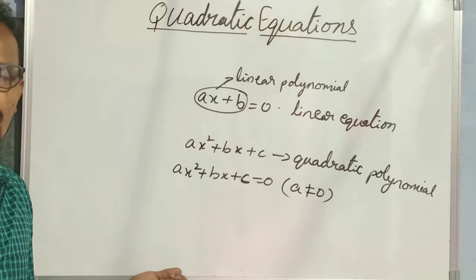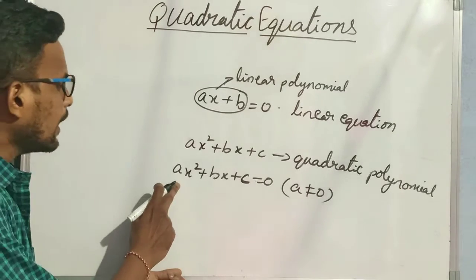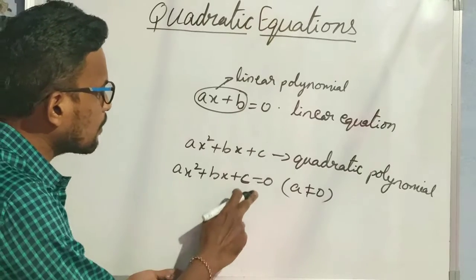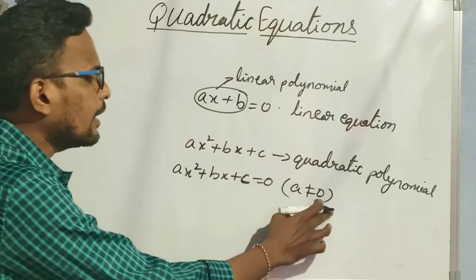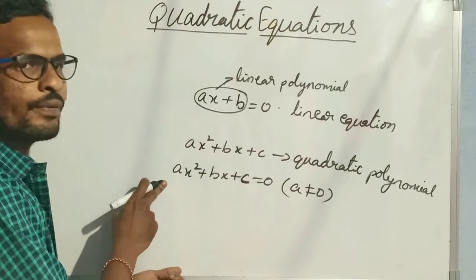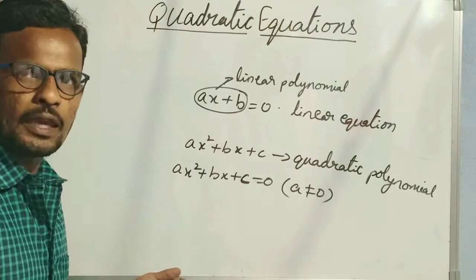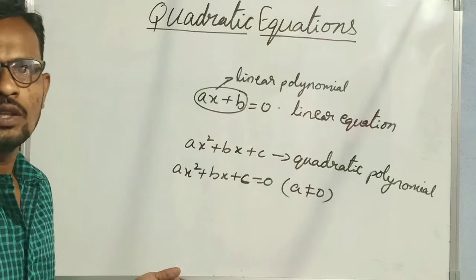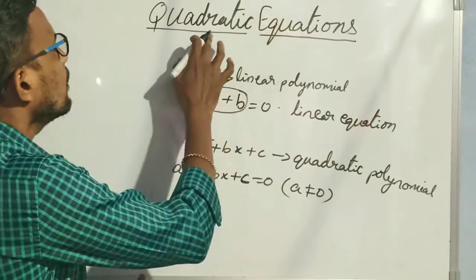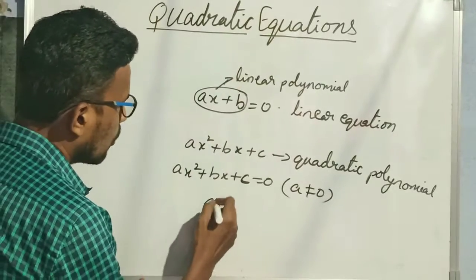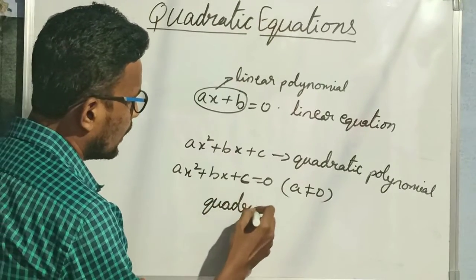Understood? That's why, when we are taking any equation of the form ax square plus bx plus c is equal to 0, definitely the coefficient of x square should never be equal to 0. Such an equation is called what type of equation? Quadratic equation.